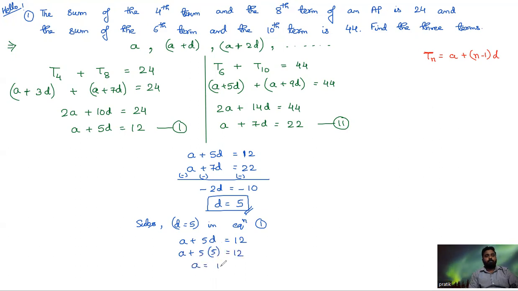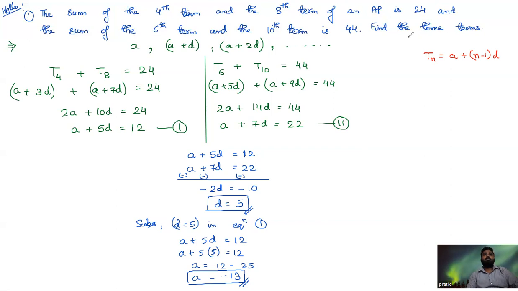A is equal to 12 minus 25, so A turns out to be minus 13. That's the value of A. So I have my common difference, I have my first term.